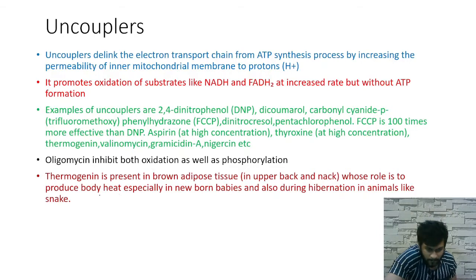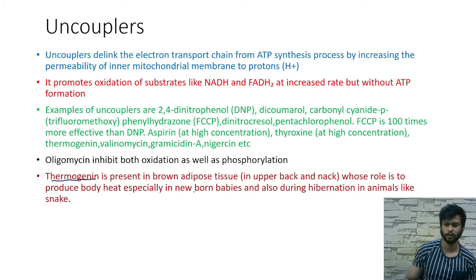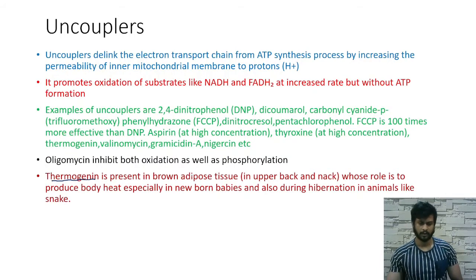It also has a physiological role. Thermogenin is present in brown adipose tissue in the upper back and neck, whose role is to produce body heat, especially in newborn babies. In newborn babies, there should be maintenance of temperature. So in order to protect them from cold, thermogenin can play a very important role.